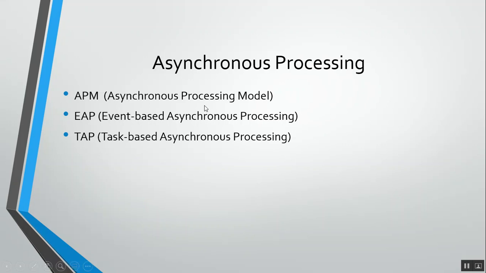The event-based pattern is not preferable nowadays because the newest version is easier compared to the older version, which was introduced in .NET Framework 2.0, and now we don't prefer it. The asynchronous programming model is still used today. It uses the async interface, or we need to implement the async interface to use this model.